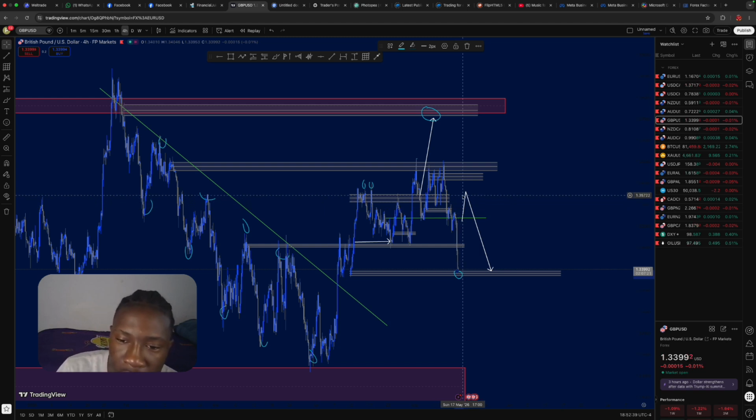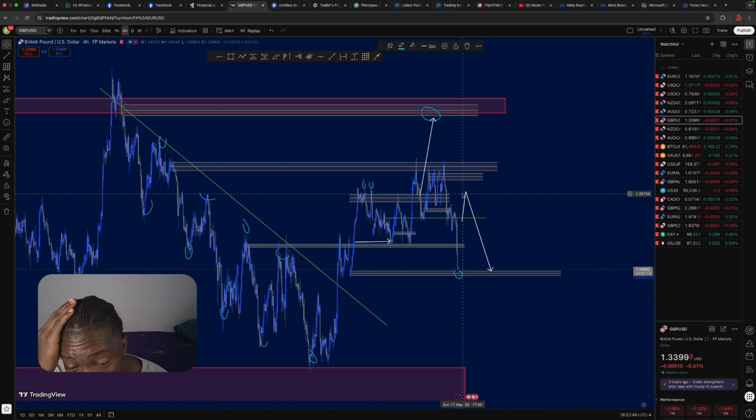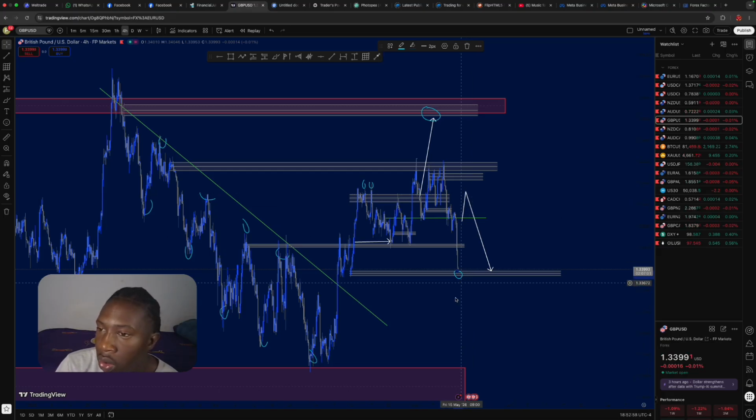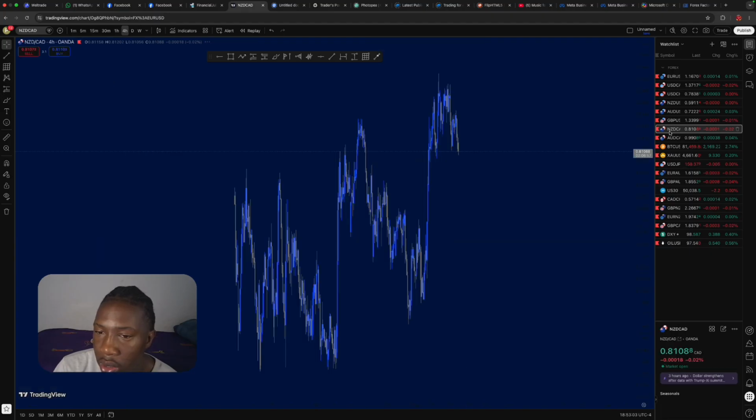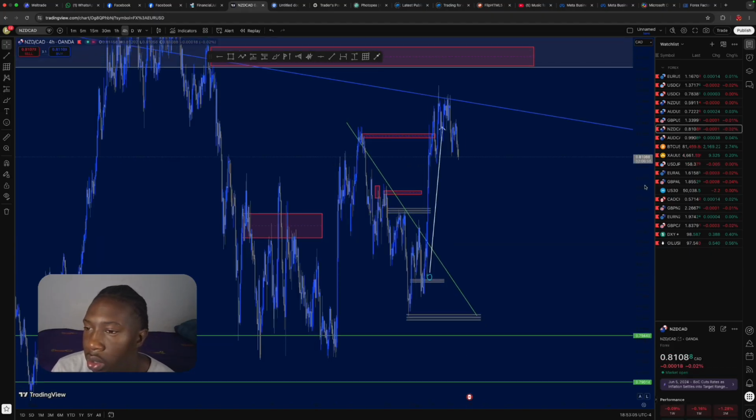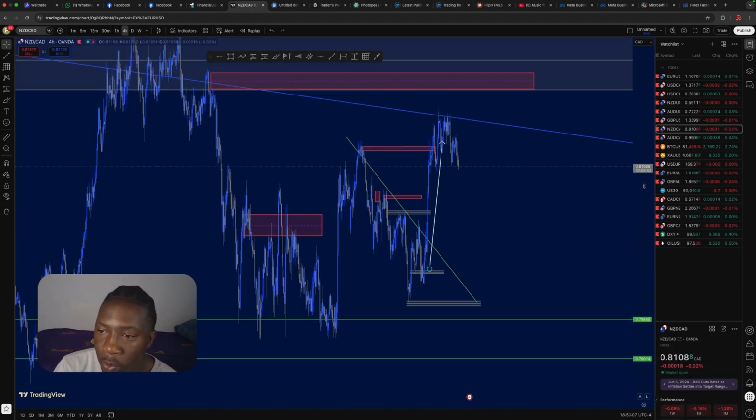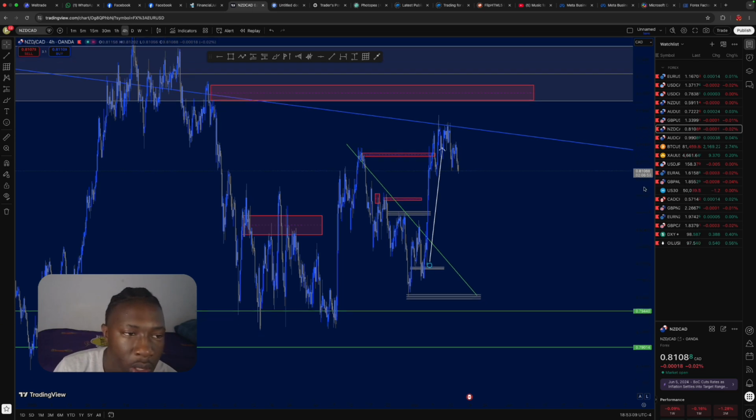This was my area of interest, not this one. This was my area of interest. So I was looking for the market to move maybe further, then I'll look for a trade, but it just rushed to this low. So yes, this was it for GBP USD.